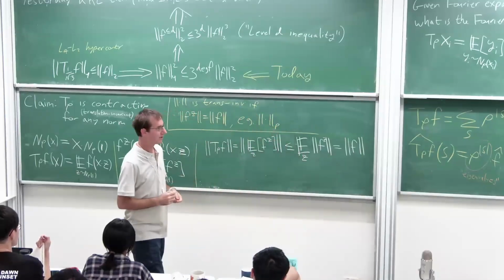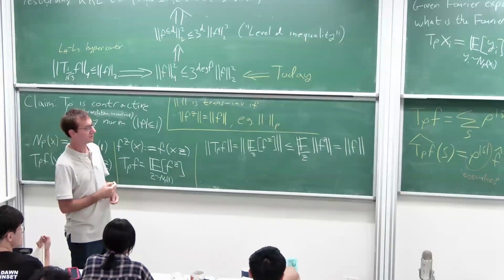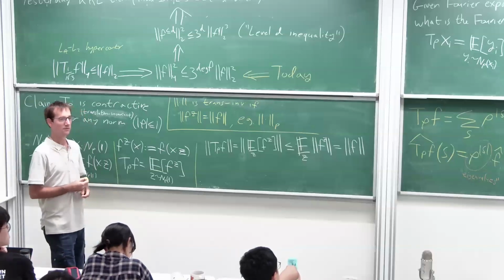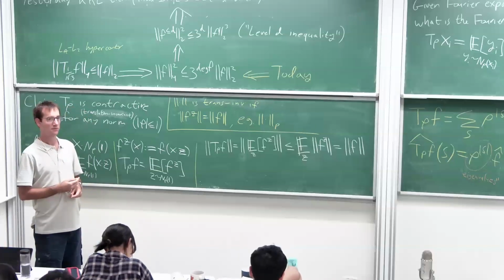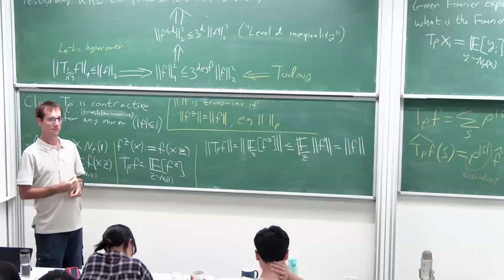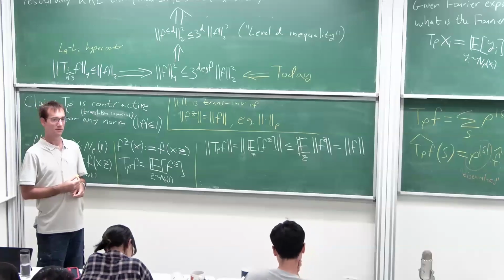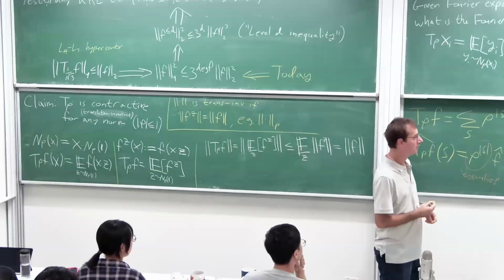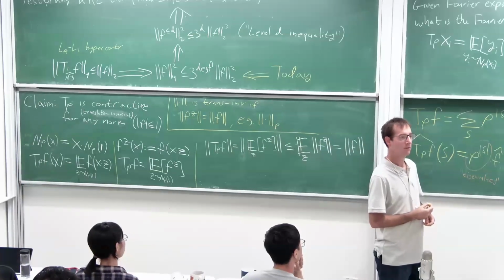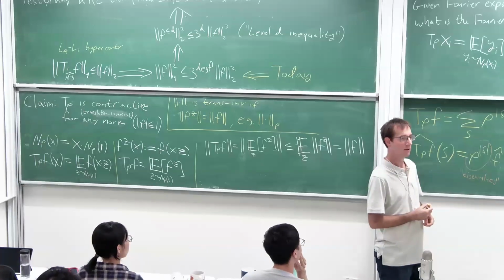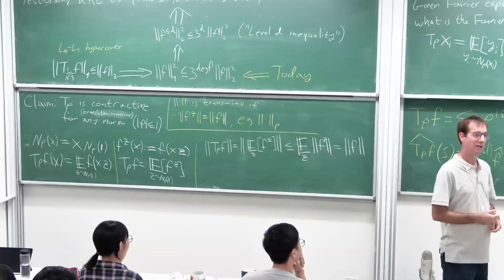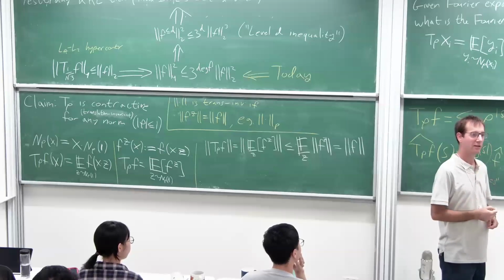Okay, so questions about that? If we consider T rho f at a specific x, can we also write it down as before, as randomly sampling in expectation? Yeah, so this is a global property of the function f, so I'm not sure you can say what happened at that particular x.